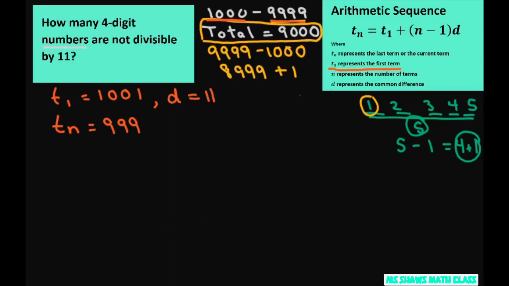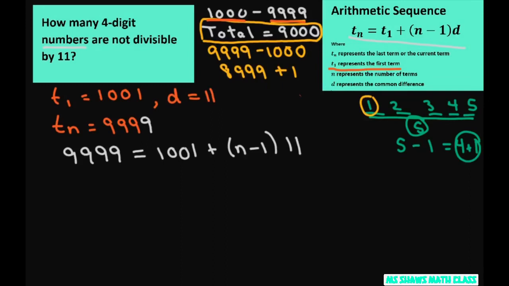Then use your arithmetic sequence formula here. And we're going to plug everything in. So we have 9,999. That's your last number, because it's divisible by 11, equals your first number plus n minus 1 times your common difference, which is 11.